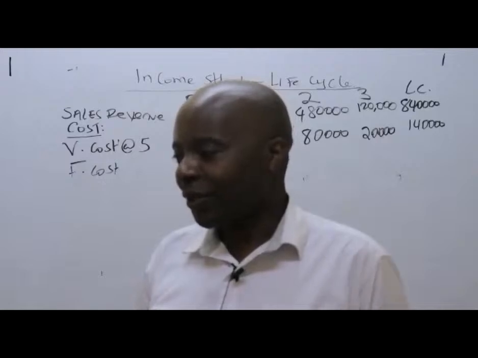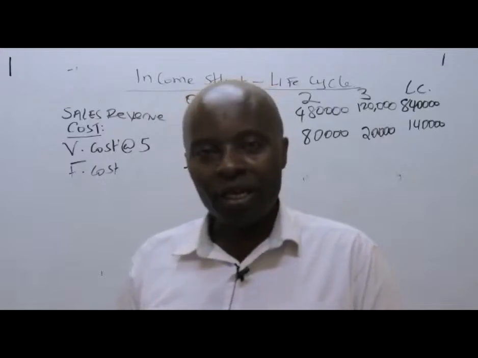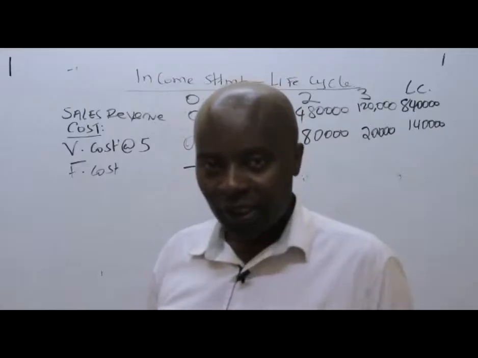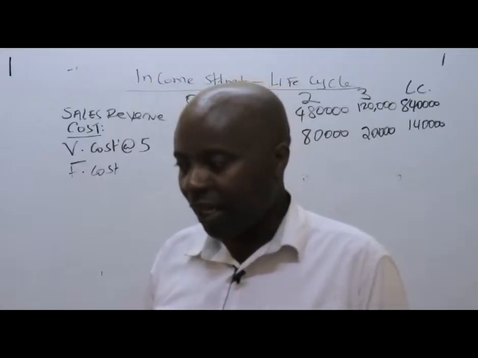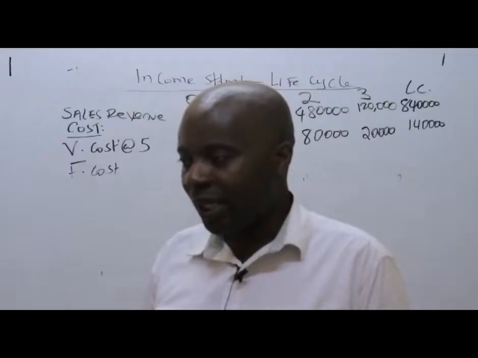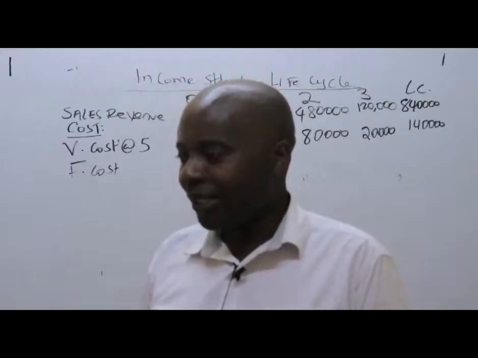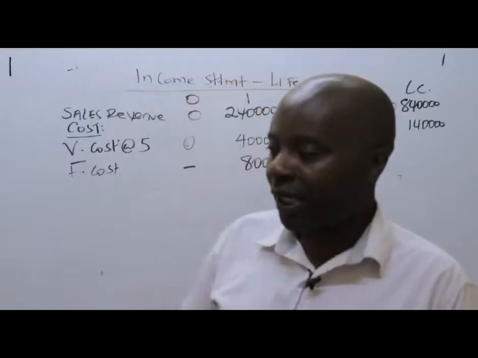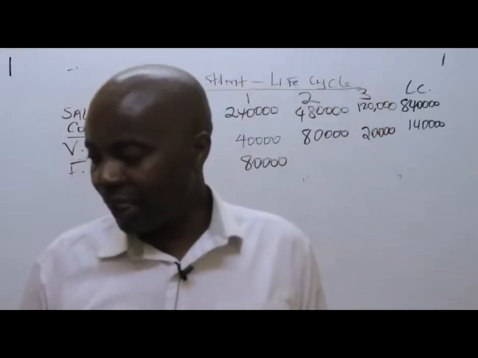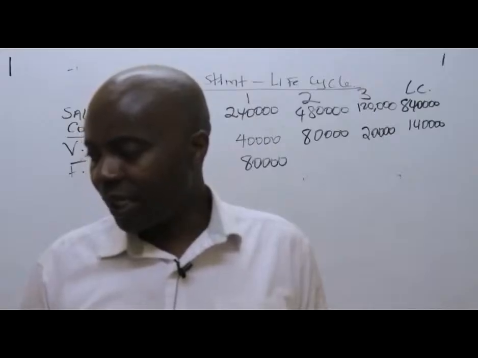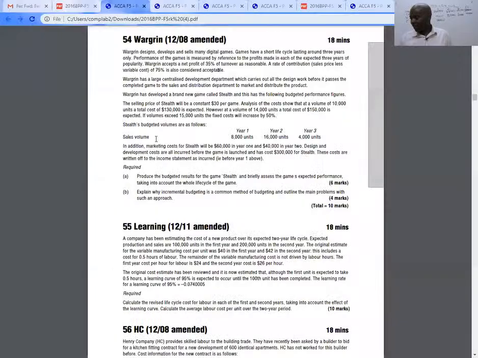Aurelia says 80,000 for all the years because, according to Aurelia, fixed costs are supposed to be constant throughout, which is a very great idea. What about other students? Teresa says no, year 2 is supposed to be 120,000. Teresa has read something very serious here: at a volume of 14,000, total cost is 150,000, which is expected.